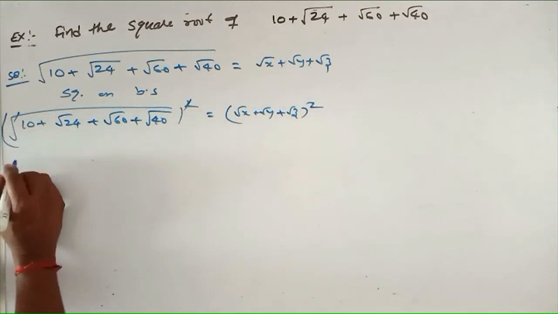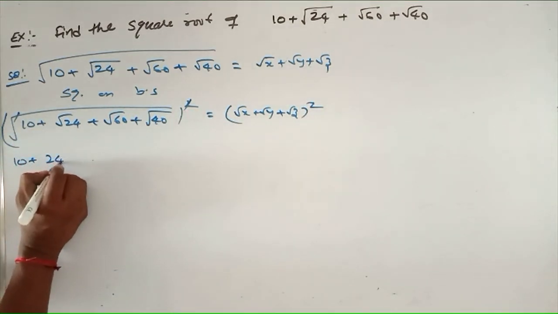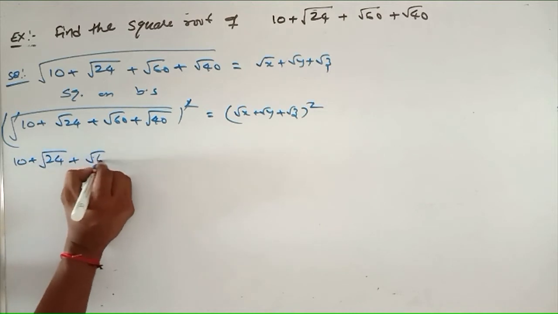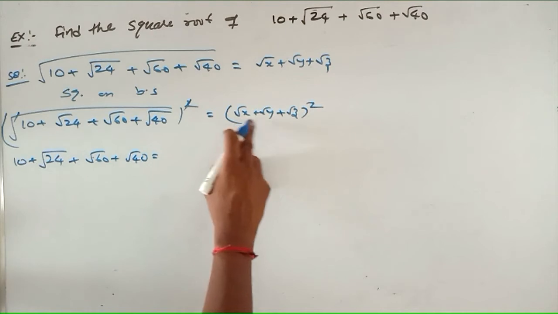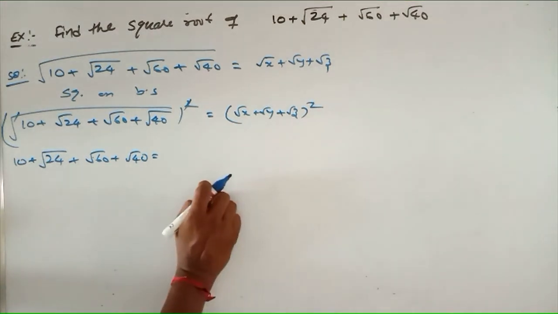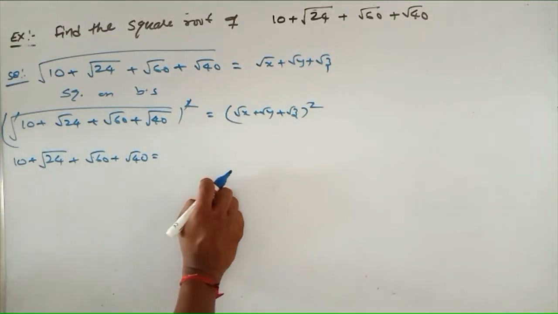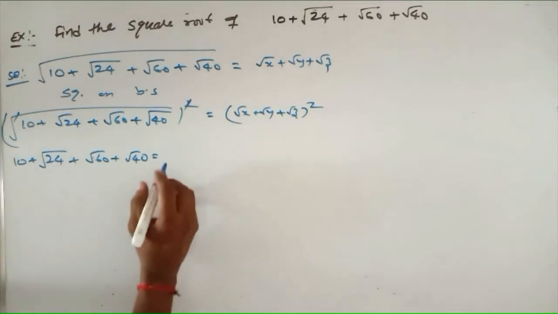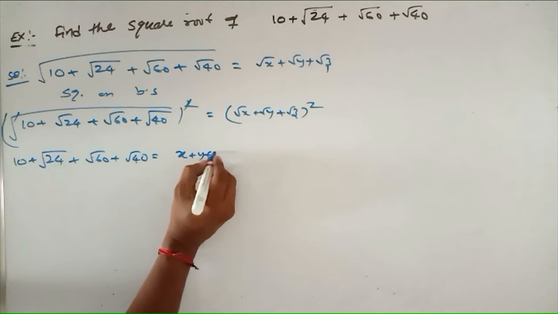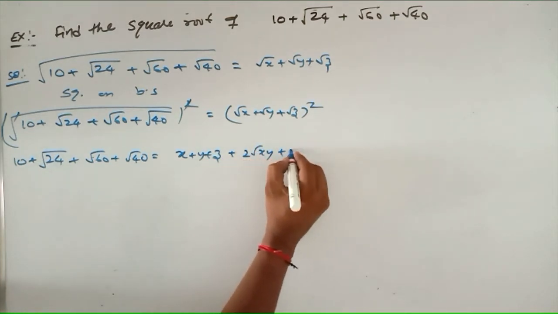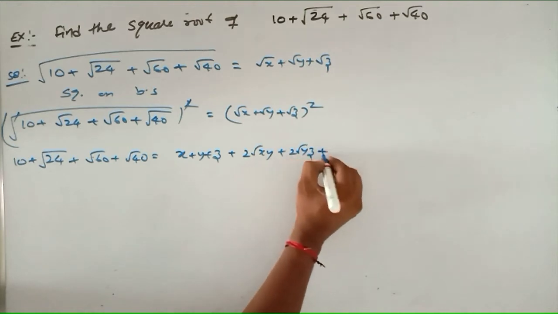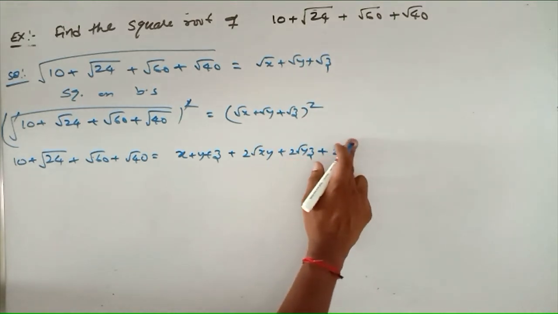Square root cancel, that's equal to 10 plus root 24 plus root 60 plus root 40 is equal to, now it's the form of a plus b plus c whole square. A plus b plus c whole square is equal to a square plus b square plus c square plus 2ab plus 2bc plus 2ca, that's equal to x plus y plus z plus 2 root xy plus 2 root yz plus 2 root xz.